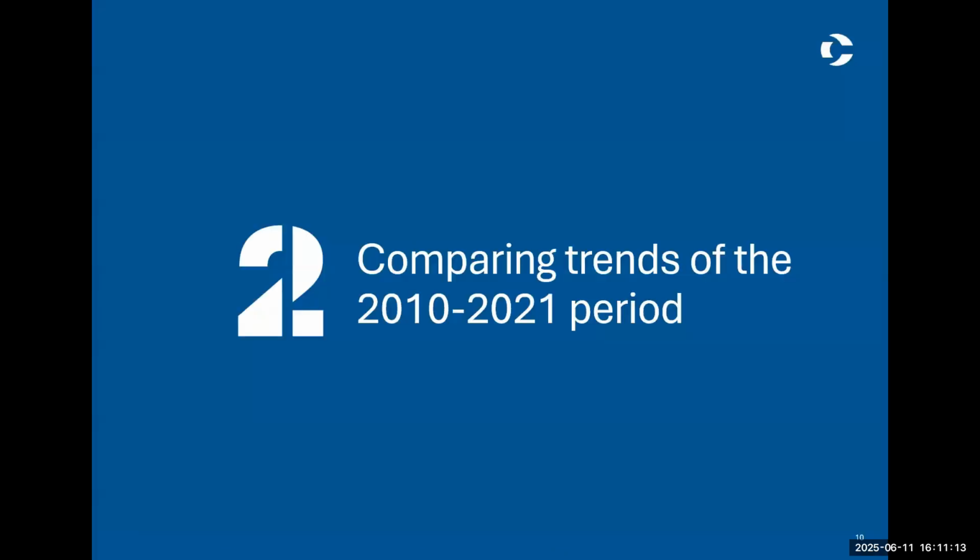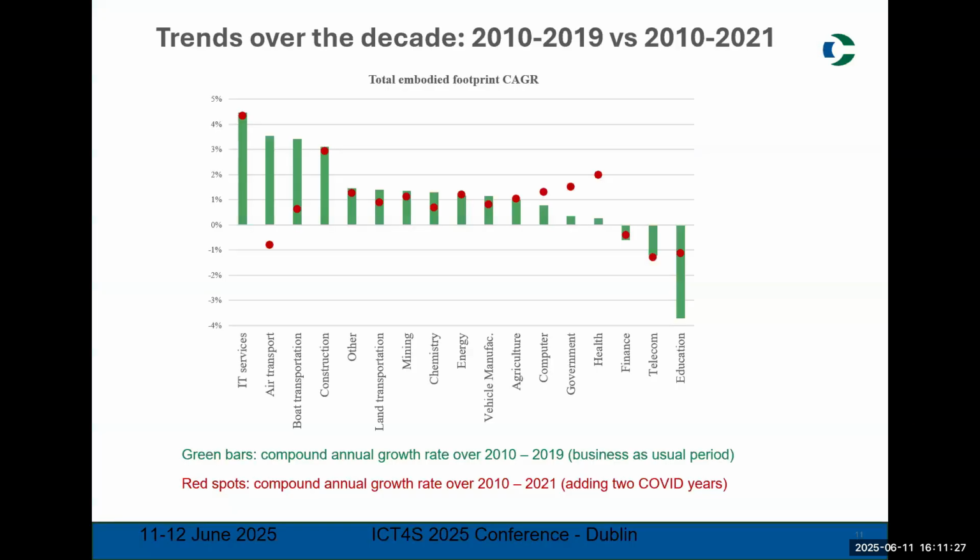So now, having summarized the mean average results of this study, we can show you some trends and compare the total embodied footprint of sectors over the time period. To do that, we compute and compare the compound annual growth rates between sectors, which are closely linked to sectoral economic growth, in addition, obviously, to decoupling.